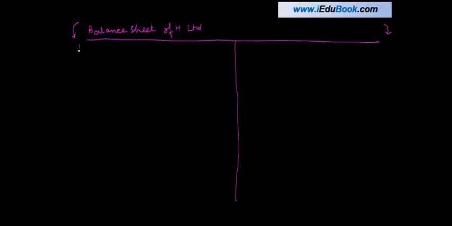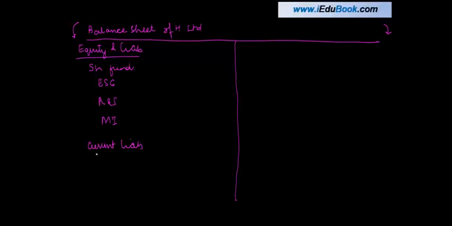The disclosure is equity and liabilities, shareholders' funds: equity share capital, reserves and surplus, minority interest. Then you have current liabilities. Within this, you have trade payables, which is nothing but sundry creditors.